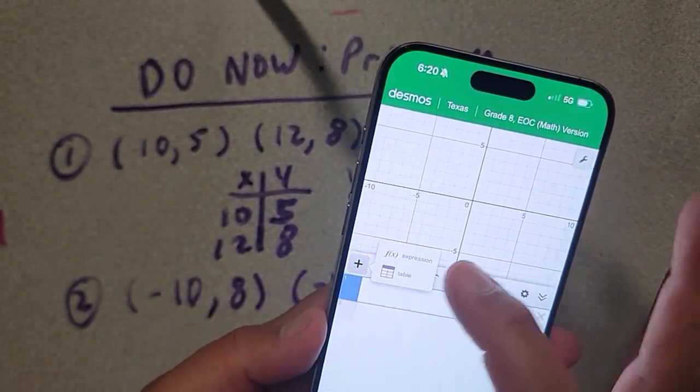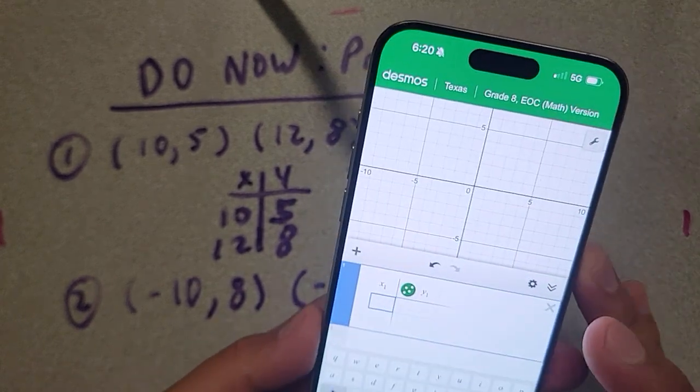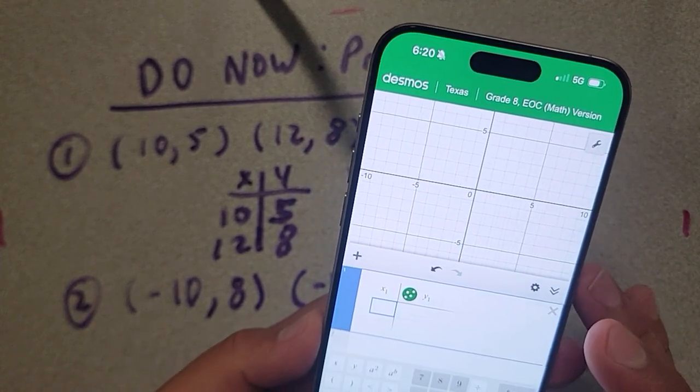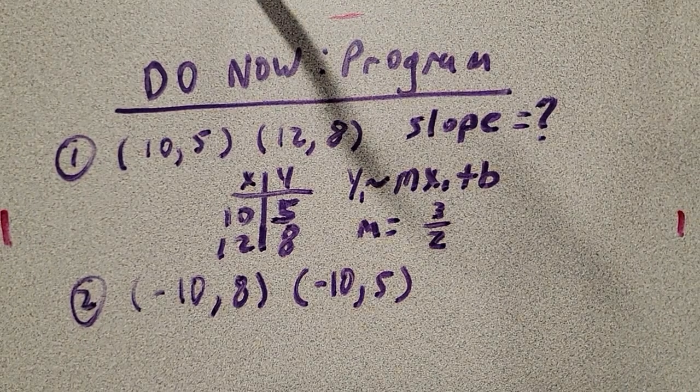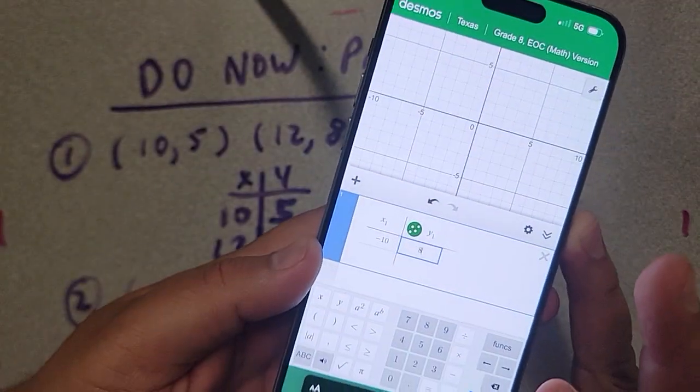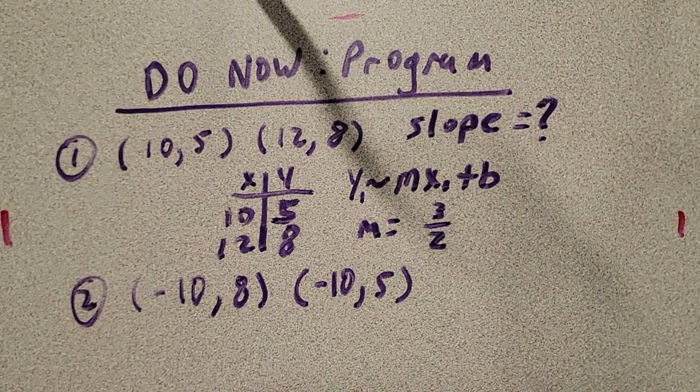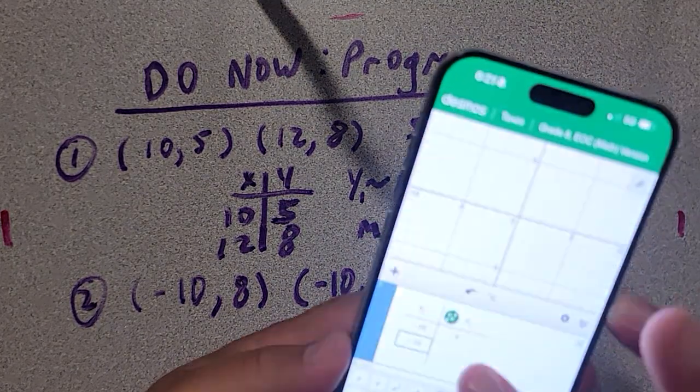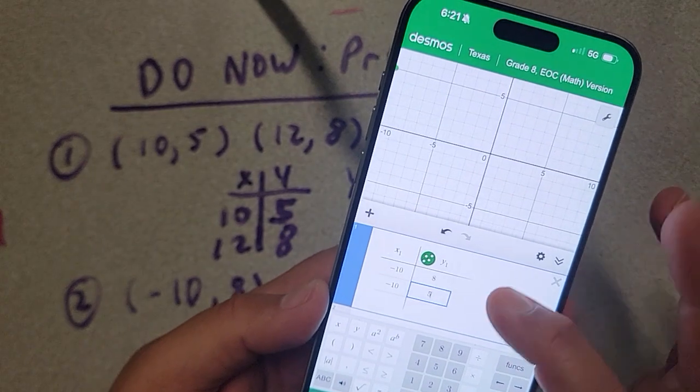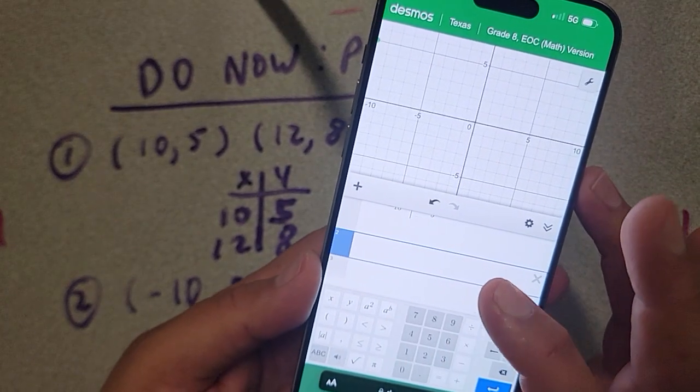Let's push plus sign, table. Okay. Then we have negative 10, and 8. There you go, and then go down, negative 10, and then 5.